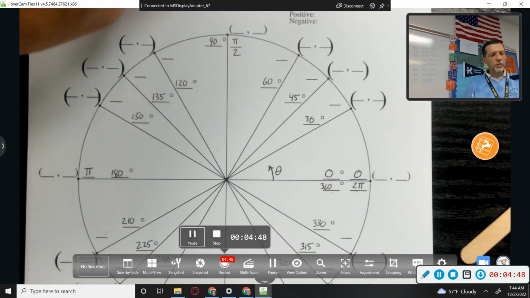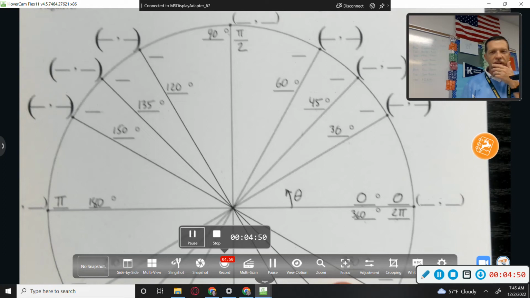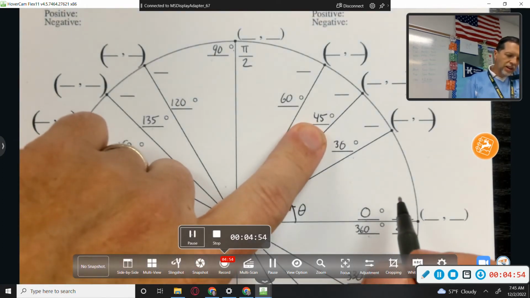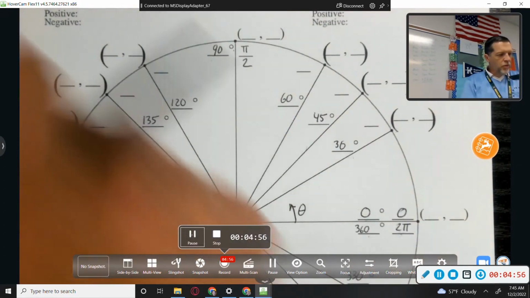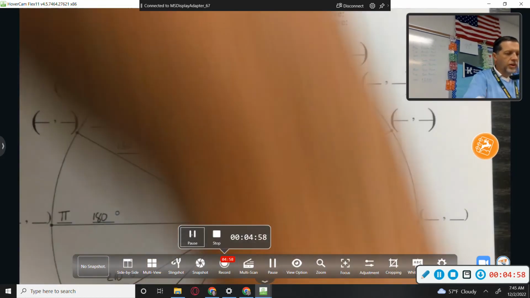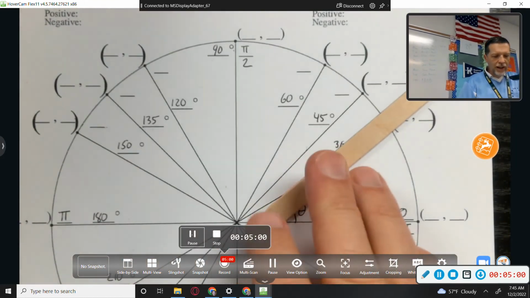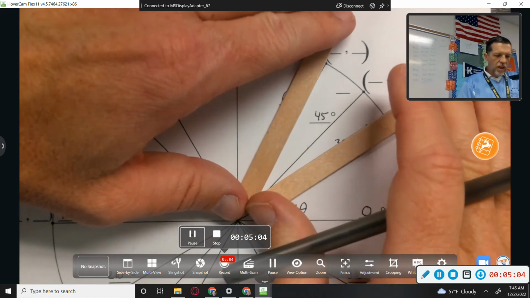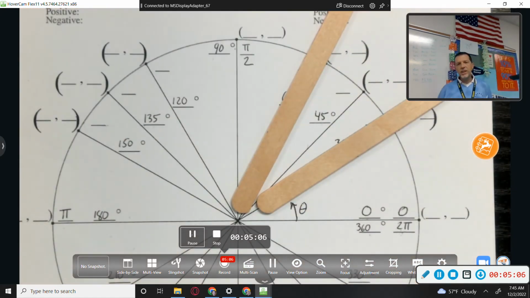Okay, now we have to be really careful with our fractions here. I want to ignore my 30, 60. I only want to look at the 90 or the 45s here. So halfway between 0 and 90 is 45.